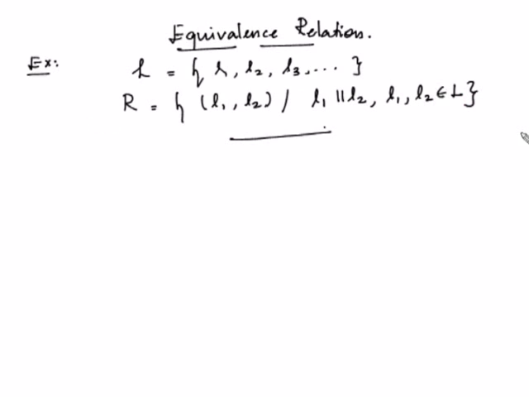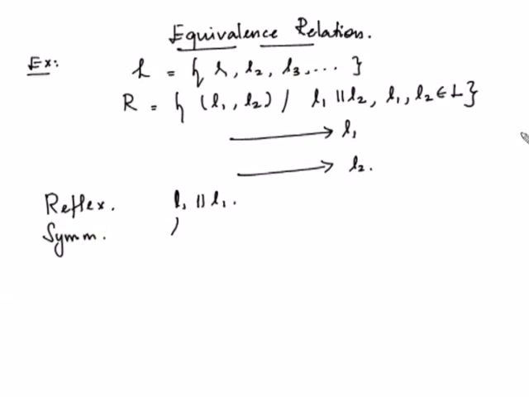So, we have L1 parallel to L2. This relation is reflexive because L1 is parallel to L1 itself. It is symmetric because since L1 is parallel to L2, it implies that L2 is parallel to L1.